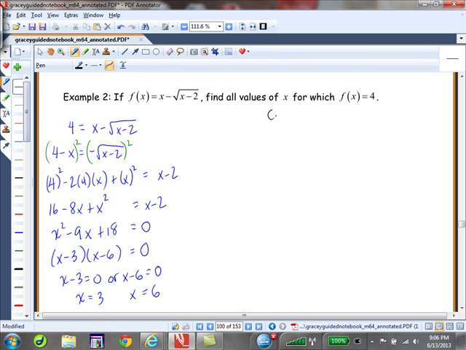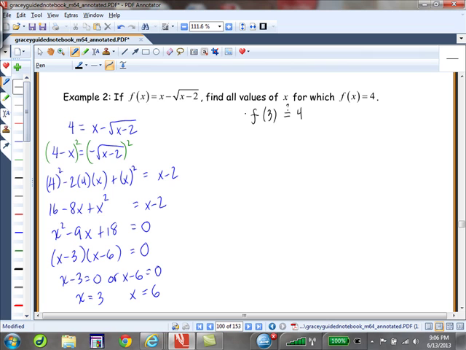So I'm just going to go ahead, what the heck, let's check it out. So f at 3. Remember, we want this to have an answer of 4. And if it doesn't, we'll throw it out. So f of 3, is that equal to 4?